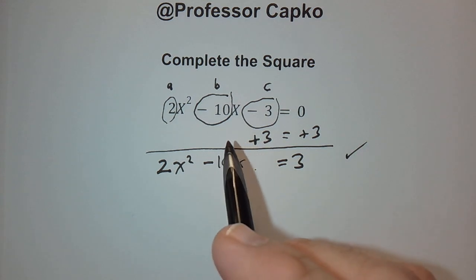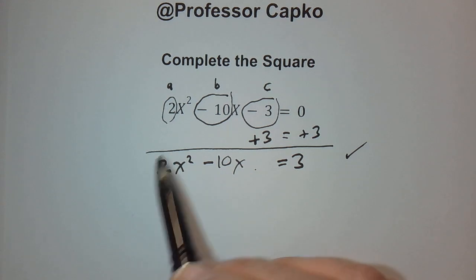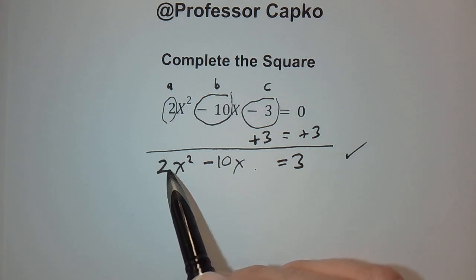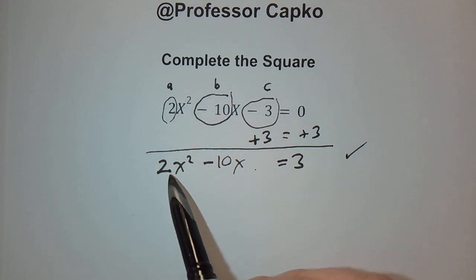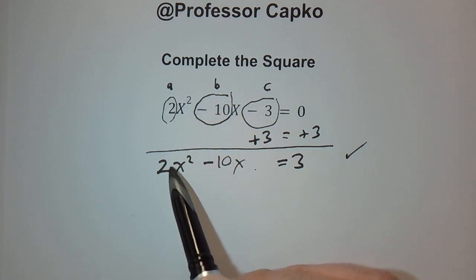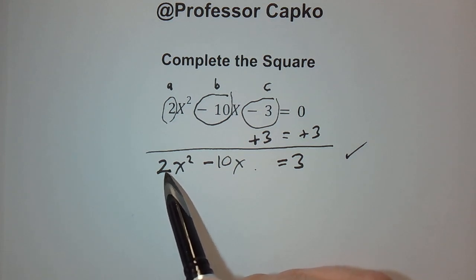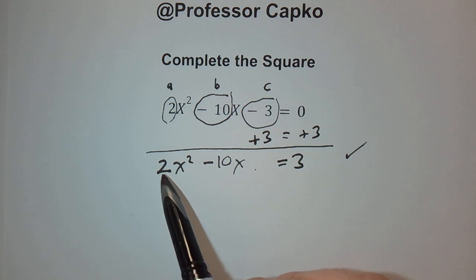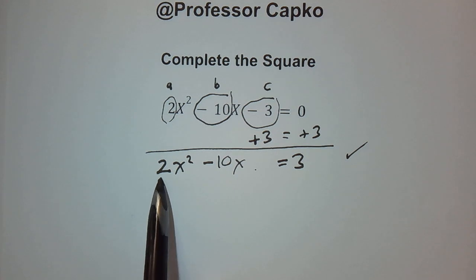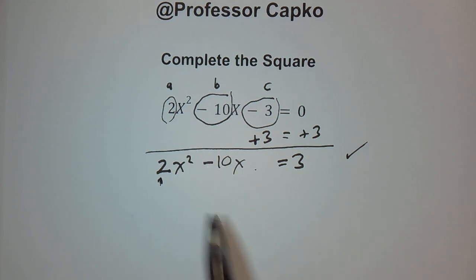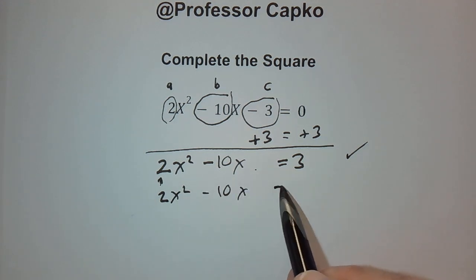The next thing we need to do is get rid of this coefficient here, the a term coefficient. If it's a 1, which it would be if there's nothing listed here, an invisible 1, then we can leave it. But because it's something greater than 1, we need to deal with it. And the way to do that is to divide both sides by whatever this coefficient is. So I'm going to rewrite this: 2x squared minus 10x equals 3.